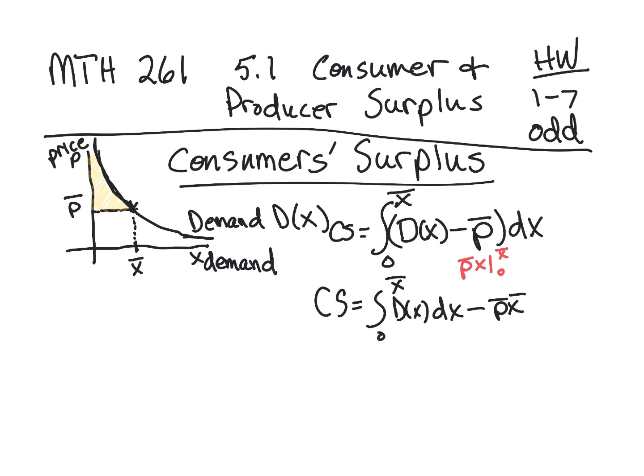And it's fine if you want to do it that way. I think your book uses different notation, but understanding what it is is more important right now, to see that it's just the area between these two curves, between the demand curve and the P bar curve from 0 to x bar.